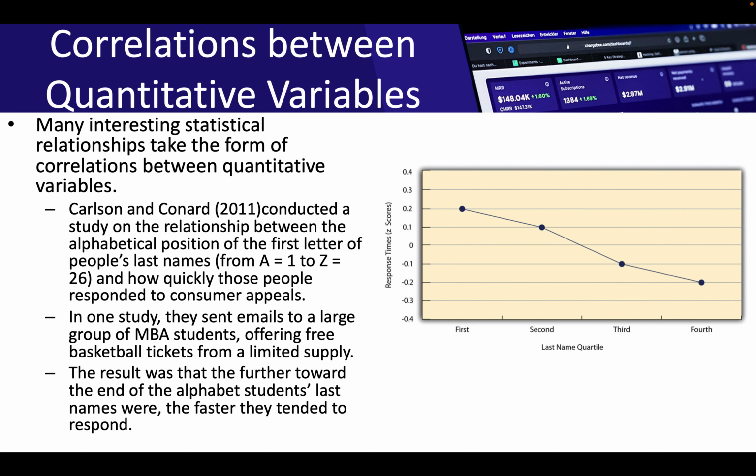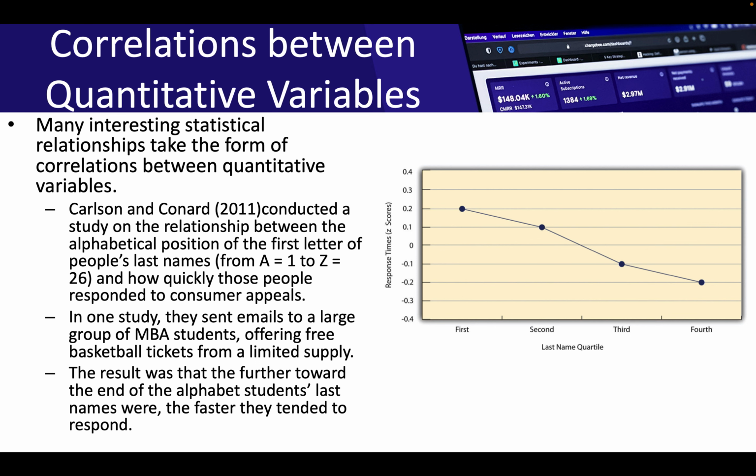Okay, I was thinking about this research, and I was thinking, why in the world would that be? Shouldn't everybody respond exactly the same? And the answer that I came up with was that if you've got a group of people that you're going to offer tickets to, like what Carlson and Conrad did, and you decided to do it by alphabetical order, the first people you talk to would be the A, B, C, D, E, F. Those would be your first group, and they might still be thinking about it.